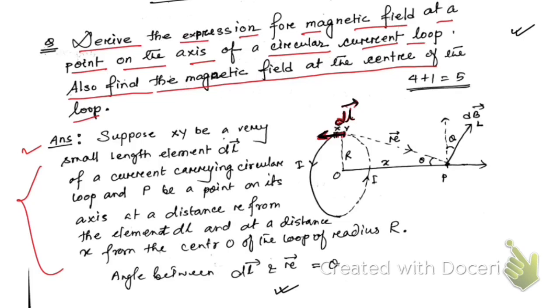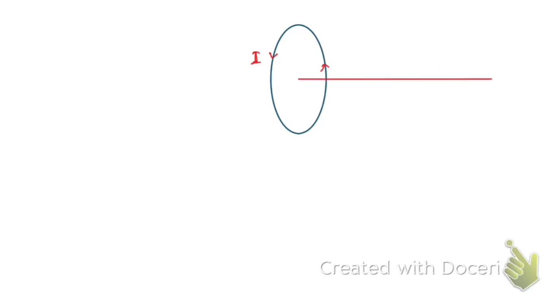First let me explain. Suppose we have a circular current carrying loop, and current I is flowing through this loop this way. Let me take this as the axis of the loop, and we need to find the magnetic field at this point P due to this loop. First let me take a very small length element, dl suppose, and its direction is along the direction of current.